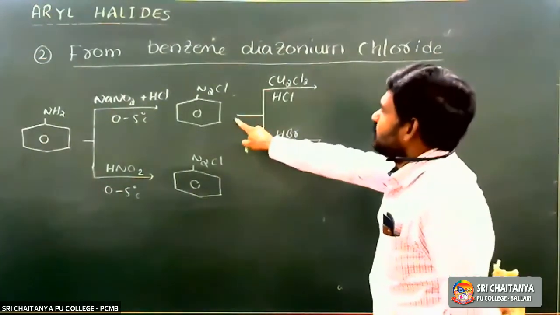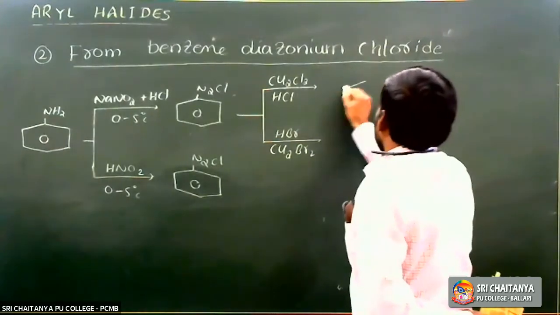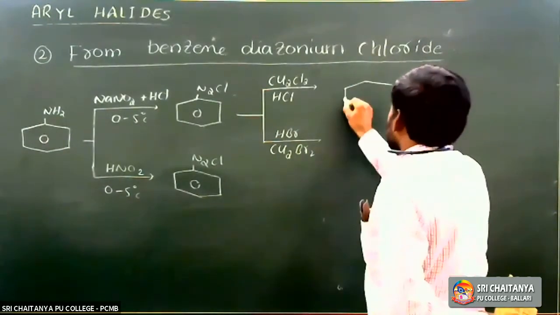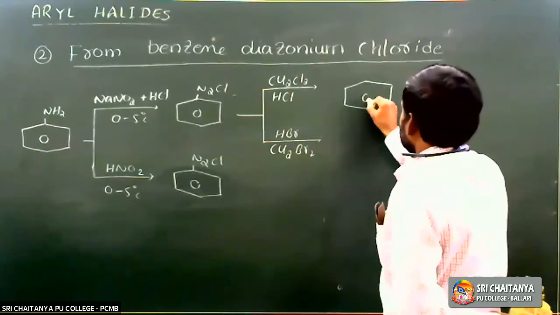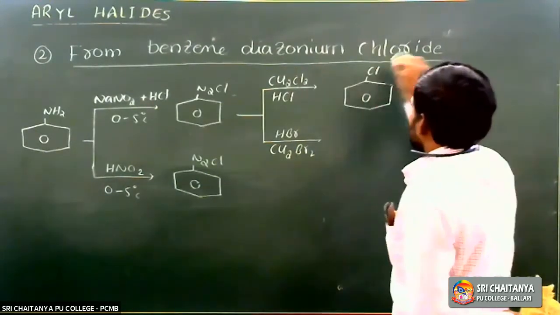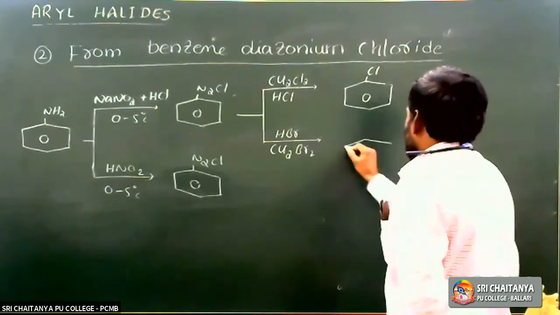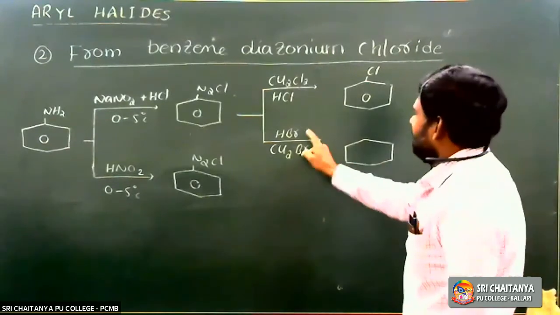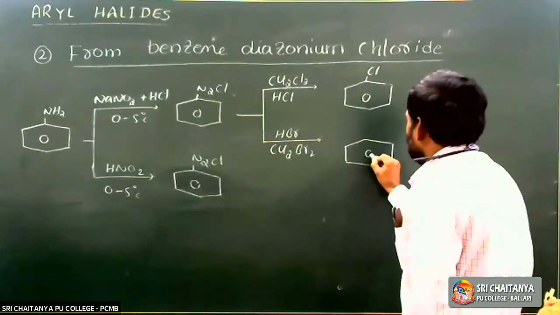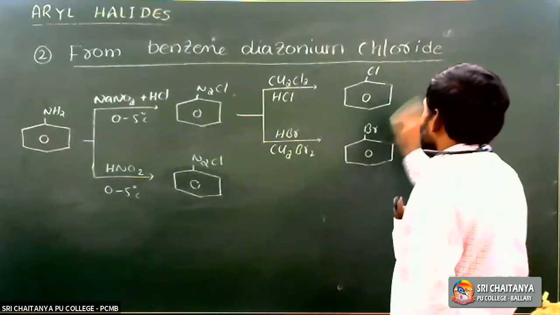So benzene diazonium chloride reacts with HCl in the presence of cuprous chloride and gives chlorobenzene. When it reacts with HBr, the reagent is very important, in the presence of cuprous bromide, it gives bromobenzene.